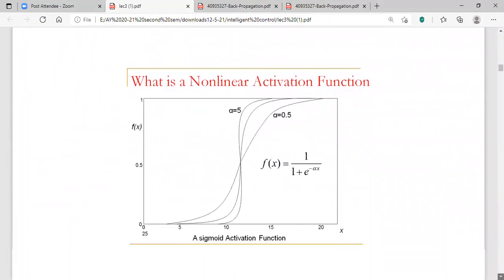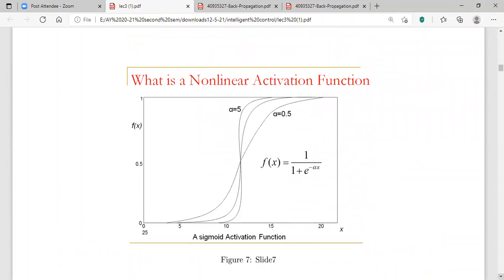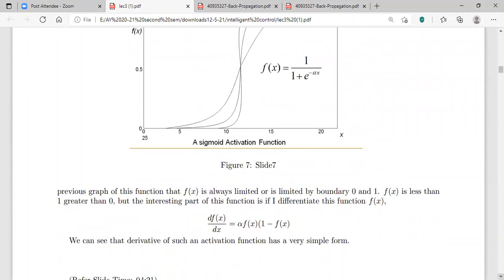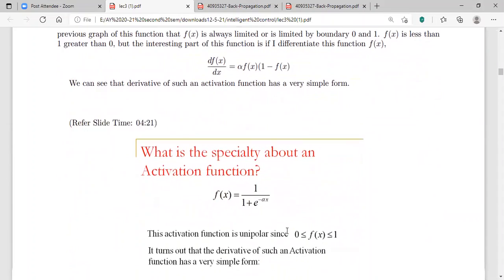You can go through these slides. See why we are going for non-linear activation function. Once we are differentiating this function, you are able to get differentiation of a sigmoidal activation function. We are getting alpha into f of x into 1 minus f of x. Very simple form, so only we are considering.